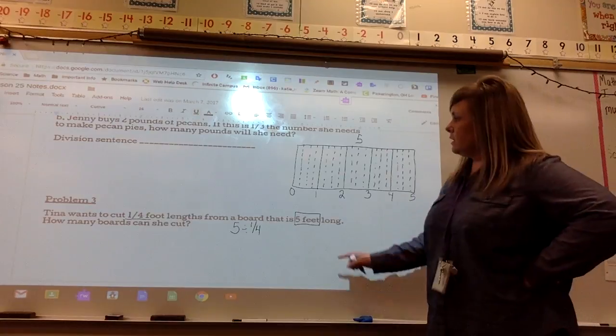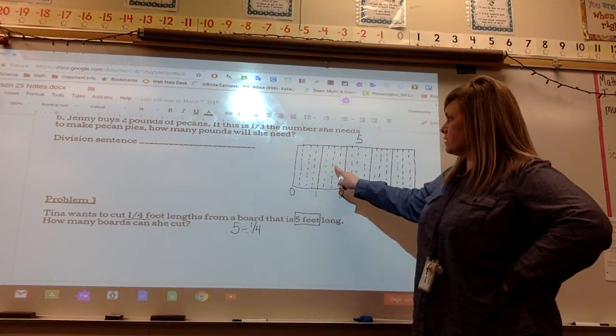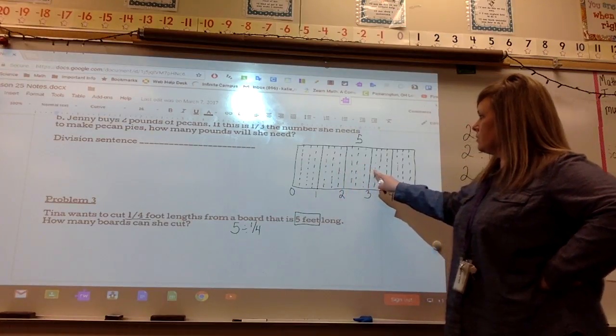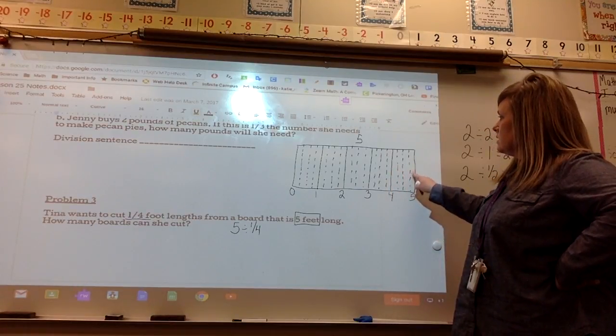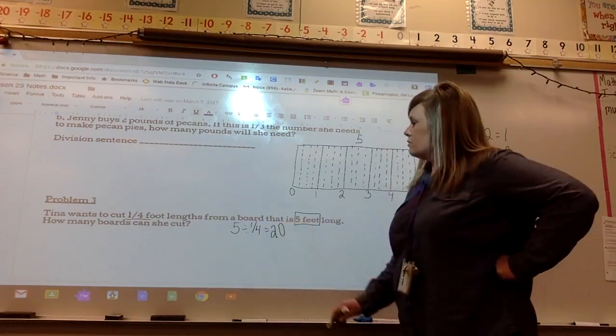And let's count. 1, 2, 3, 4, 5, 6, 7, 8, 9, 10, 11, 12, 13, 14, 15, 16, 17, 18, 19, 20. There are going to be 20 boards that are each 1/4 long.